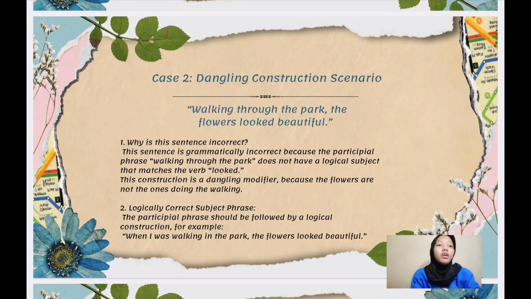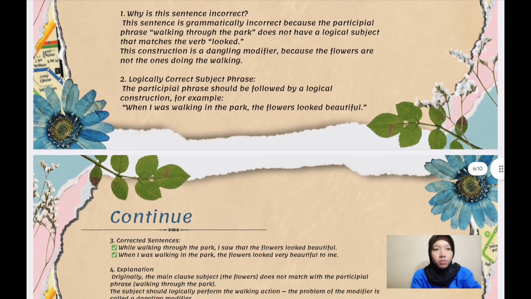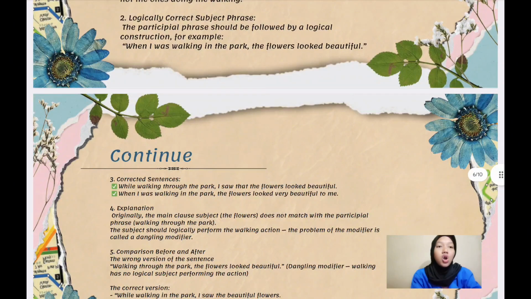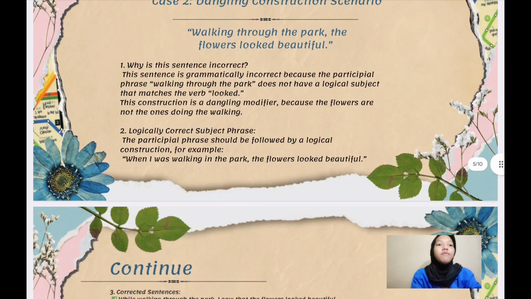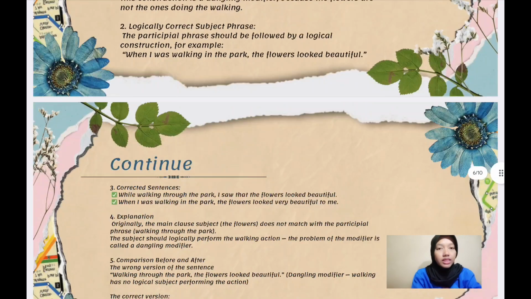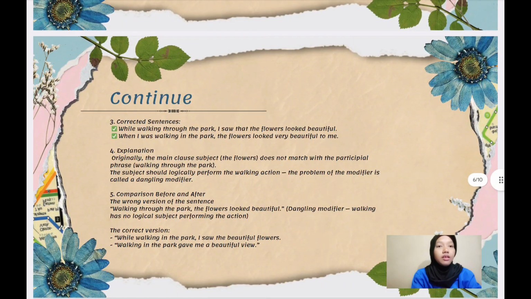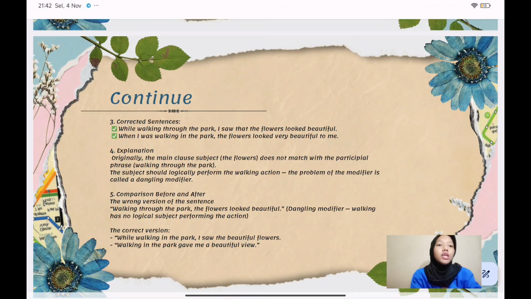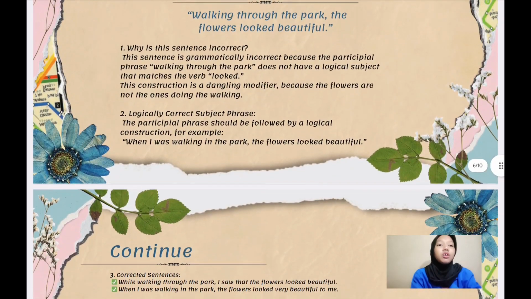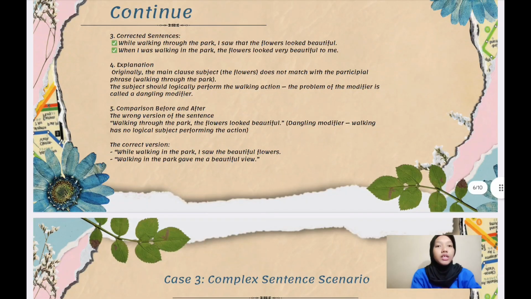So the modifier walking through the park is dangling. To fix this, we can make the subject clear. When I was walking in the park, the flowers looked beautiful. Now the subject, I, matches the action, was walking, and the sentence becomes grammatically correct.